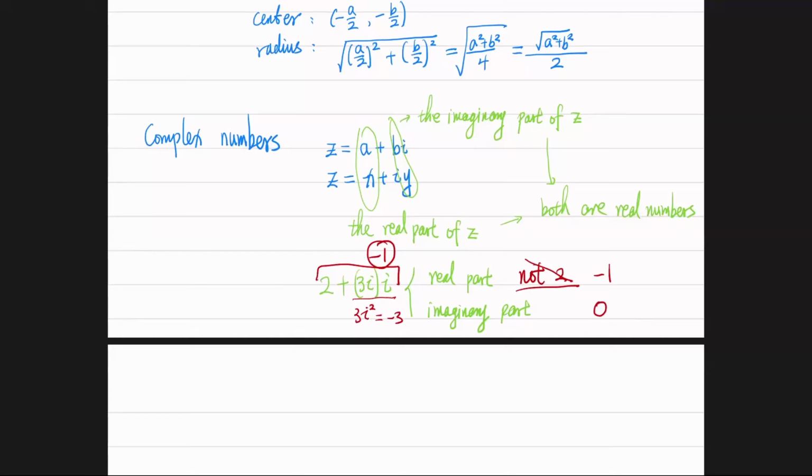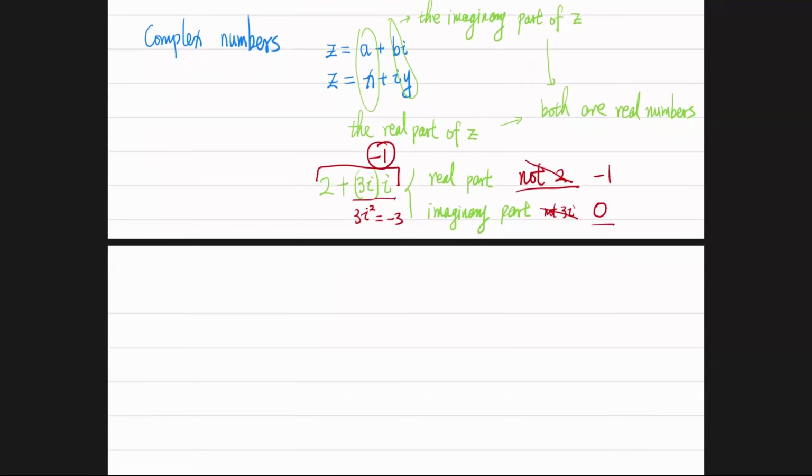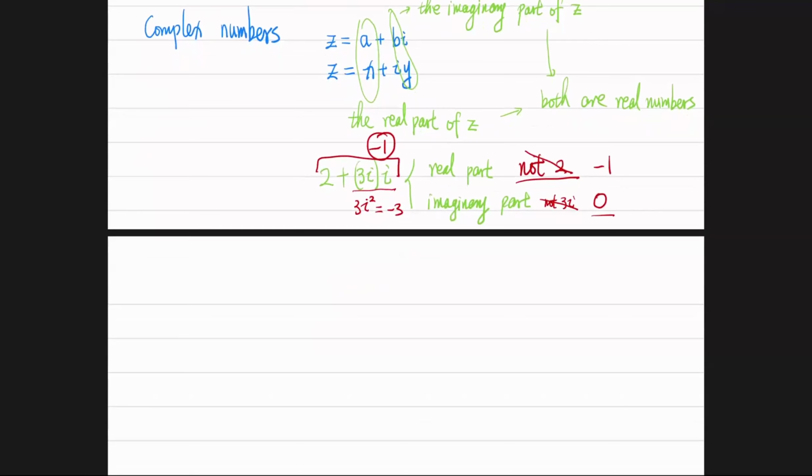When we say the real part and imaginary part, both parts must be real. So that thing is actually not a complex number? Not 3i but 0. Okay, that's weird.